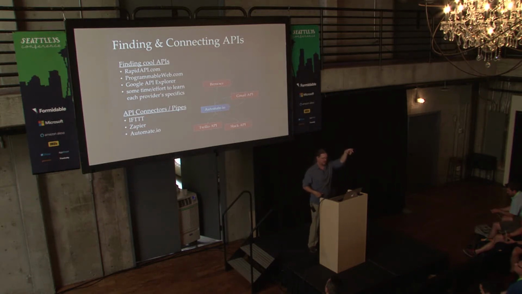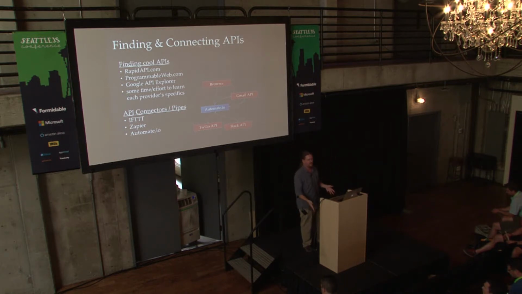Automate.io will notice that webhook, and it's going to trigger something to occur on Twilio to send me an SMS, something to occur on Slack to send me a message right in my Slack channel, or I can have it, say, monitoring my Gmail, and whenever a new message comes in, it does that same pathway. So now I can take all these different APIs from different providers, and with fairly little effort, since mostly these services have web-based connector tools, I can hook them up together.